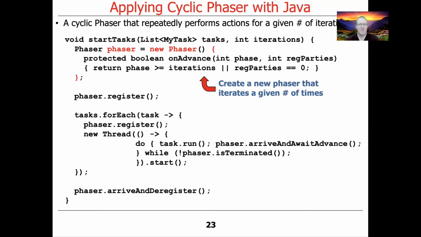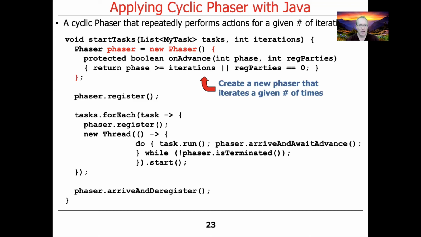To make this more interesting, we're going to do a couple cool things. We're going to make ourselves a phaser, and the phaser is going to be an anonymous inner class. And we're going to go ahead and define the onAdvance method. So as you can see here, the onAdvance method is going to be designed to have the phaser iterate a given number of times. So what it's going to do is it's going to see if the phase is greater than or equal to the iterations parameter that's passed to it.